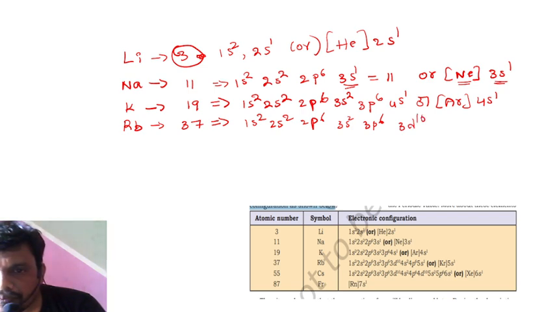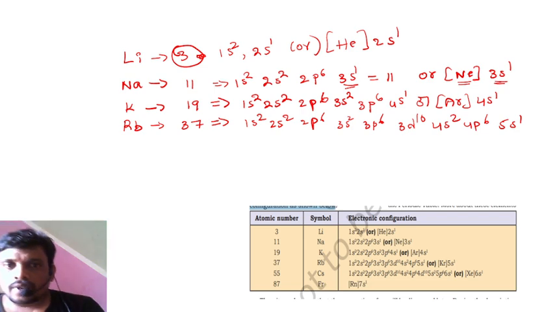After 3d10, let us take 4s2, and 4p6, and finally 5s1. So now let us count the total number of electrons filled here in each orbital, so that we will get the exact electronic configuration.